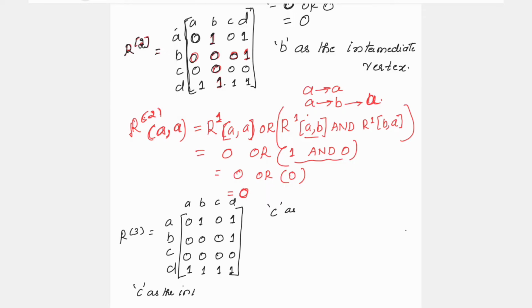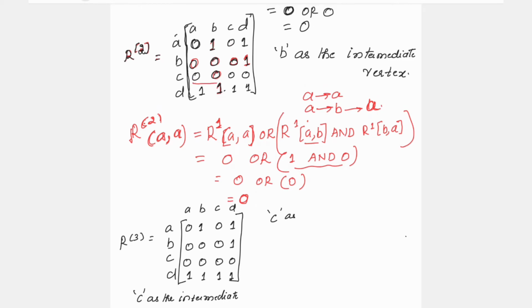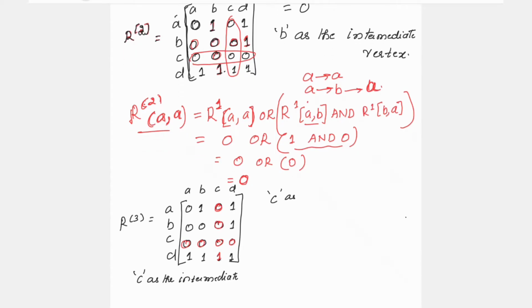So when you take C as the intermediate vertex, from the previous matrix R2, whatever elements pertain to C, that column and that row, you have to note down as they are in R3. If you observe here, we have copied down as it is 0 0 1 and 0 0 0, and the remaining elements we have computed by using the formula as in the previous matrix.